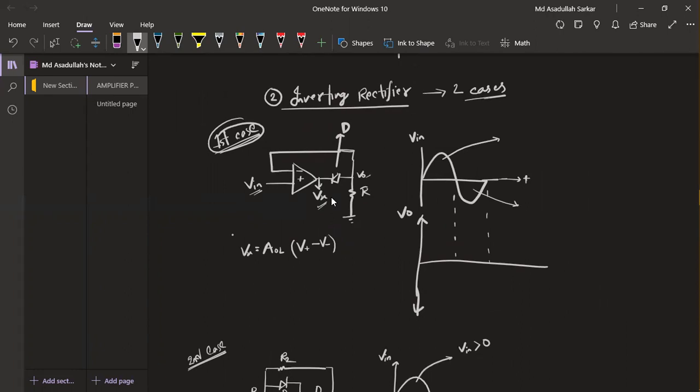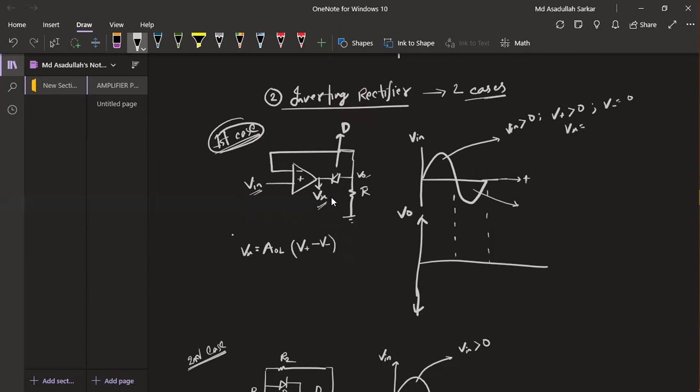So for the first half cycle of the input voltage, V input is greater than 0. That means V positive is greater than 0, and initially V negative is 0. So what will happen for Vx?